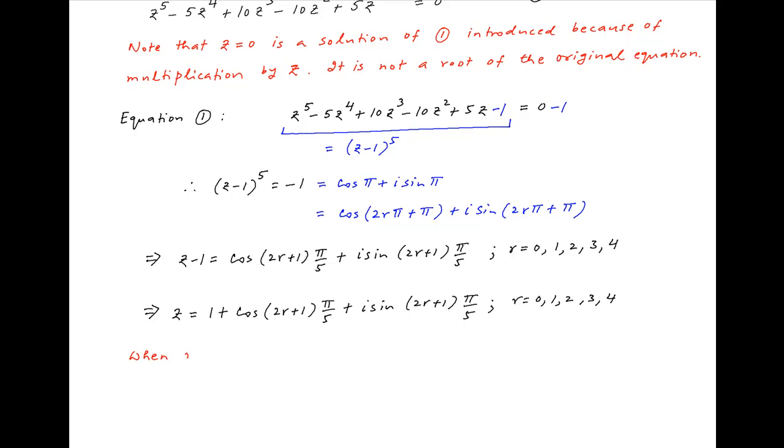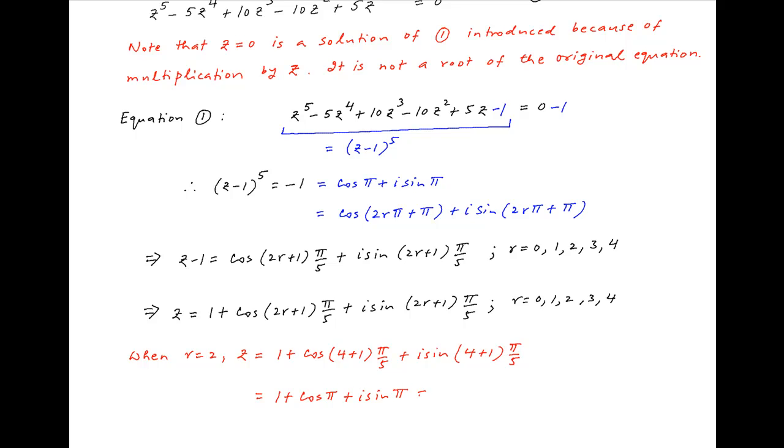Now note that when r is equal to 2, the value of z is equal to 1 plus cos of (4 plus 1) times pi upon 5 plus i times sine of (4 plus 1) times pi upon 5. And this is equal to 1 plus cos pi plus i times sine pi.